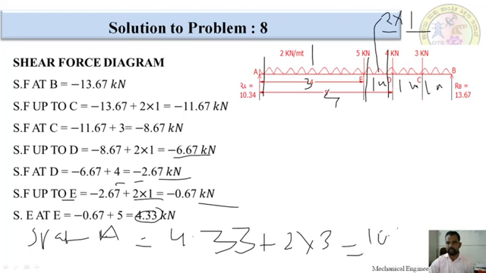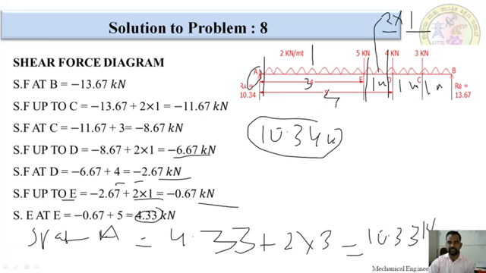At A point we will also get the same value, 10.33 kilonewton, which is the RA value. For that reason the RA value and the shear force at A would be the same. Right, here we have completed the shear force calculation.